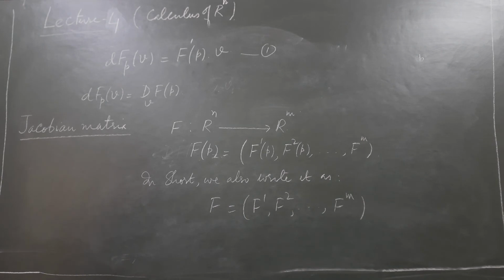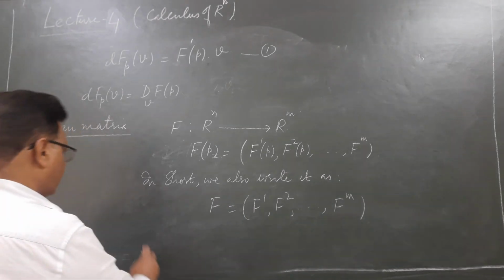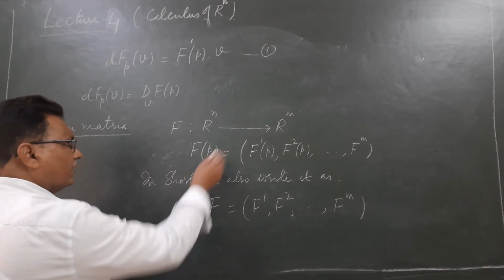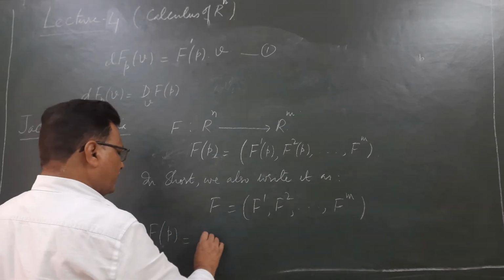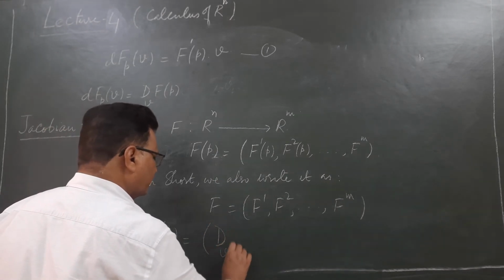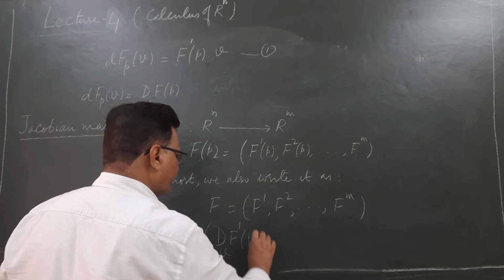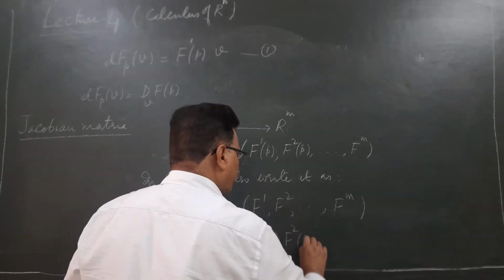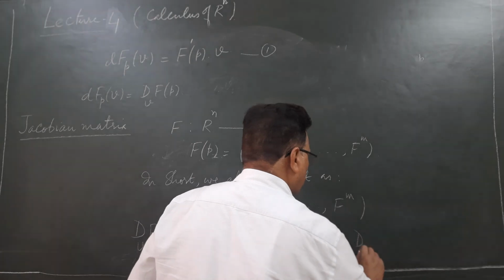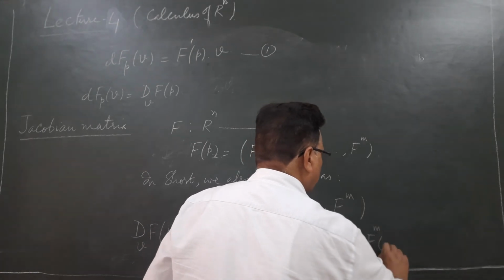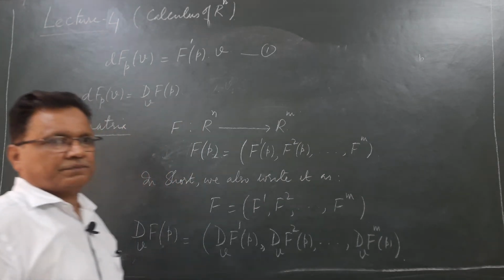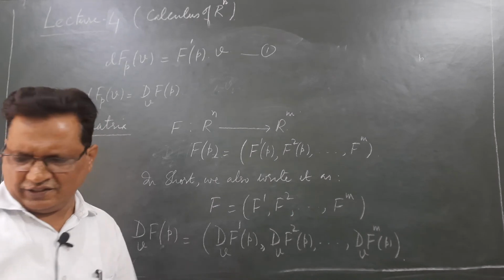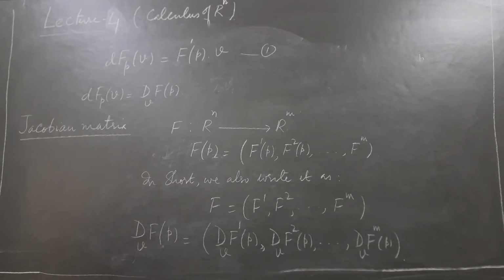Now, what we can easily check by ourselves is that the directional derivative of f at any point p, wherever it is differentiable, will be the same as the directional derivative of f1 at p, comma, directional derivative of f2 at p, and so on, directional derivative of fm. So this relationship one can easily check, this holds.